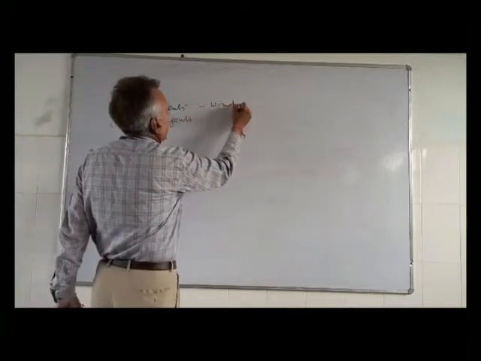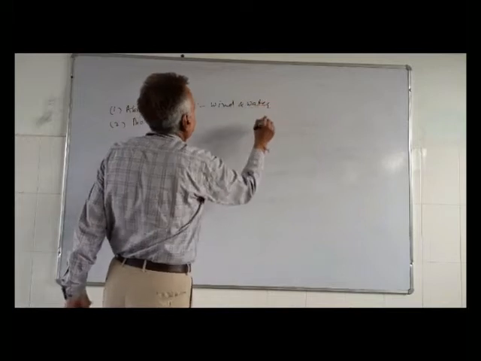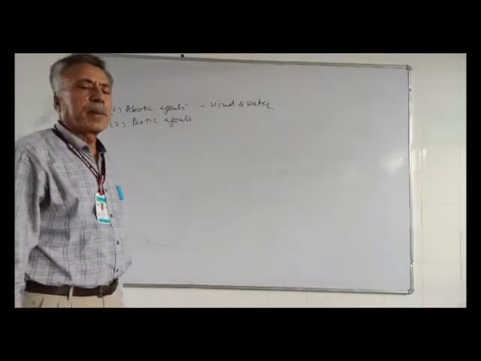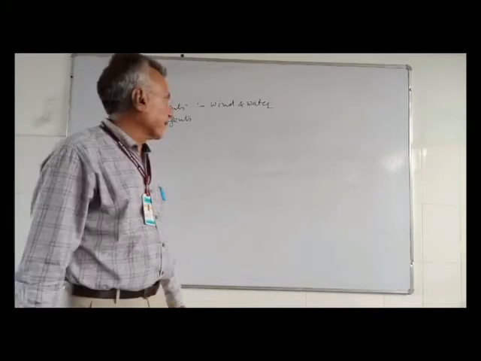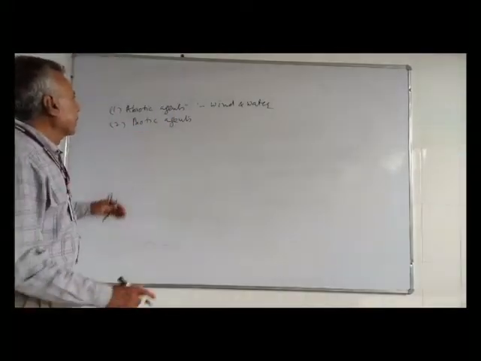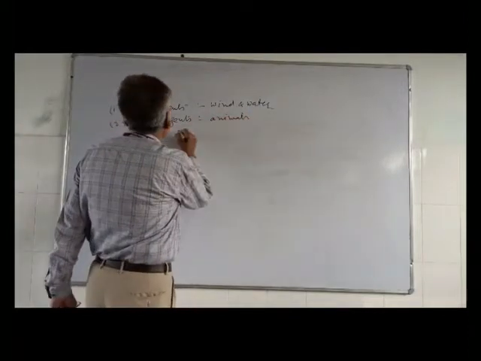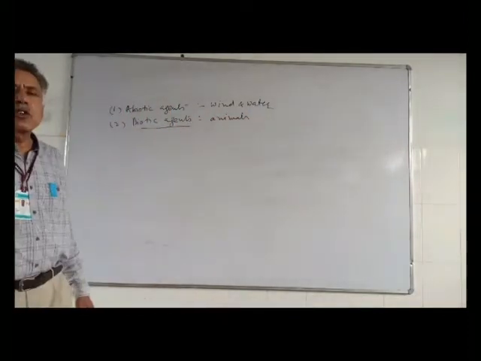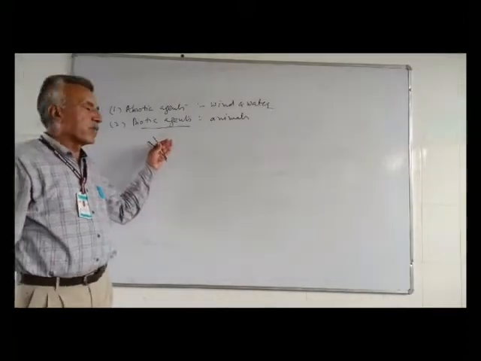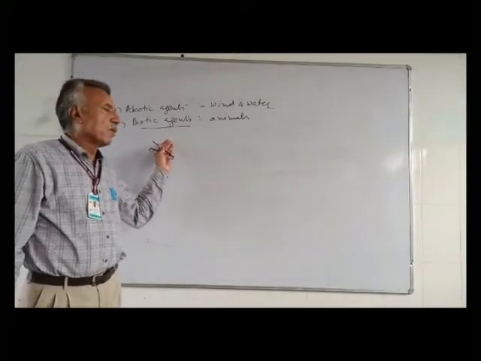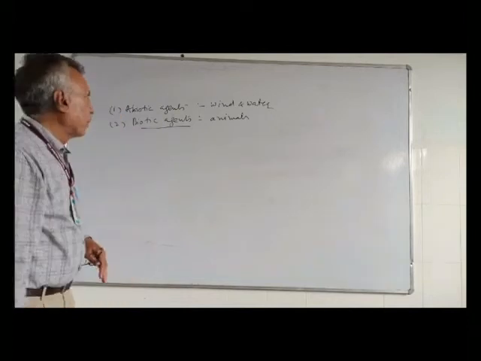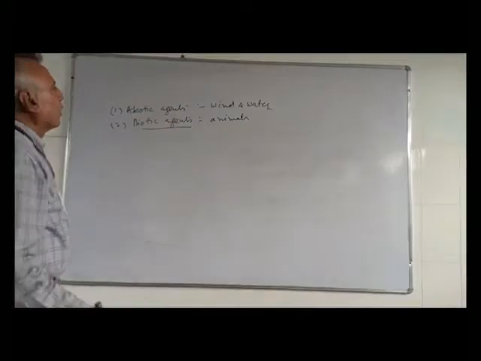Wind and water, these two agents are abiotic agents. These are used by some flowering plants to achieve pollination. Biotic agents are animals. Most of the angiospermic plants use biotic agents for pollination. First, we will discuss pollination by bees.